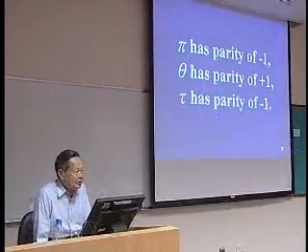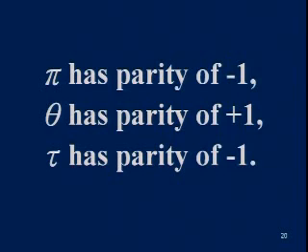And there was a puzzle. The puzzle was called the theta-tau puzzle. The meaning of the puzzle is as following. It was found that pi has a quantum number called parity, which is related to right-left symmetry. Pi has a parity of -1. That was determined earlier in the early 1950s.